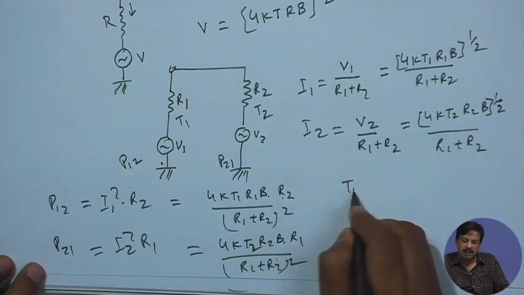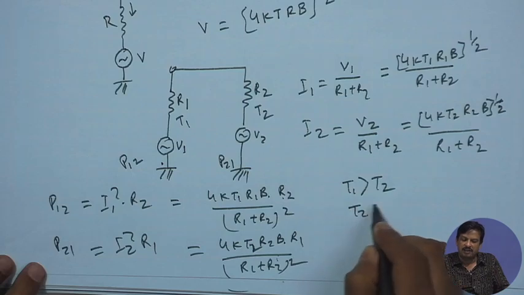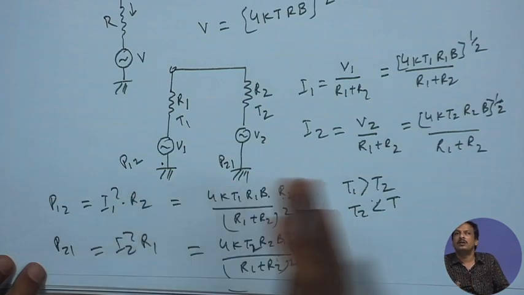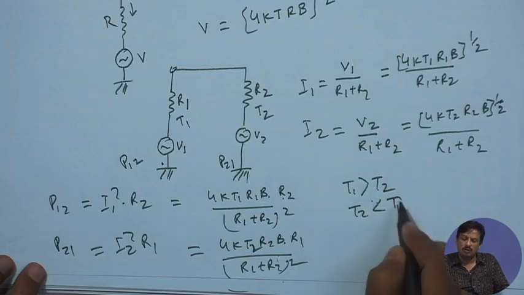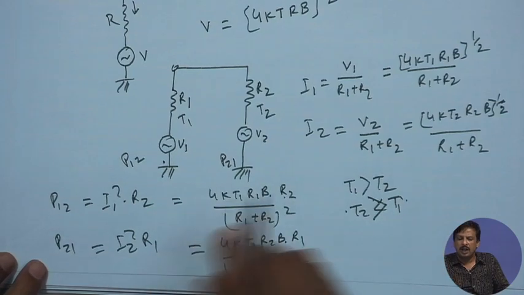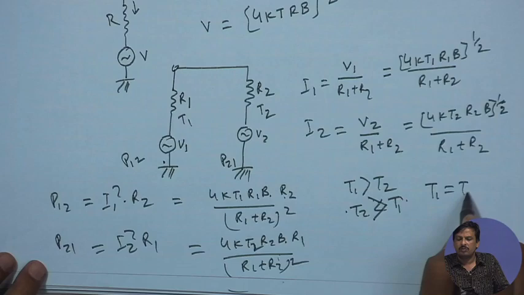If T1 is greater than T2, then the power will be transferred from T1 to T2. If T2 is greater than T1, then the power will be transferred from T2 to T1. Now, equilibrium will happen when T1 is equal to T2.